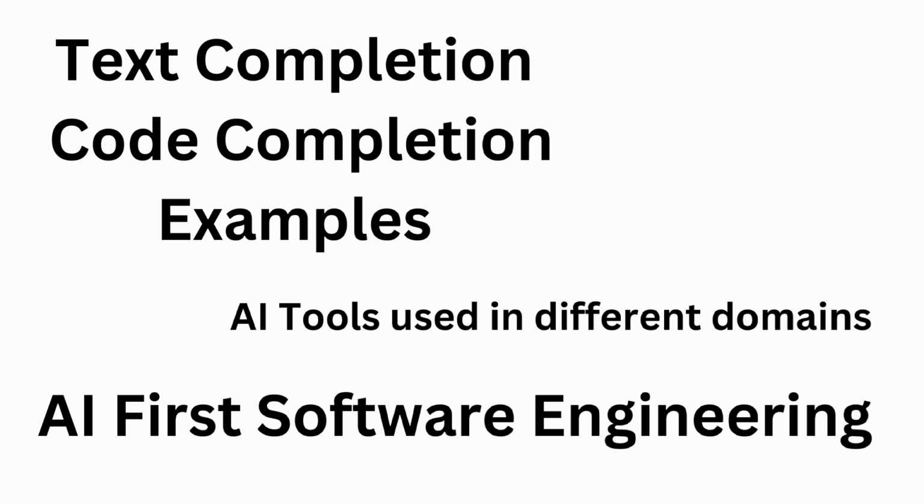We are going to make videos one by one on how ChatGPT or text or code completions can be used in the software life cycle, what the trending AIs are, and how people from different domains are using ChatGPT in different ways.